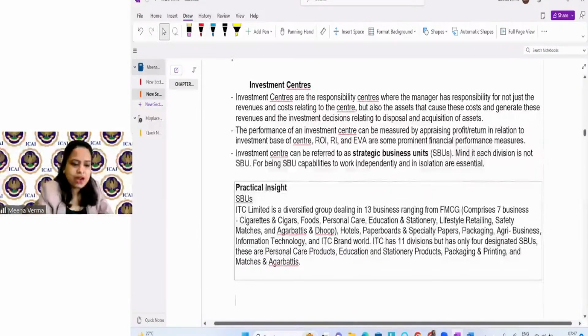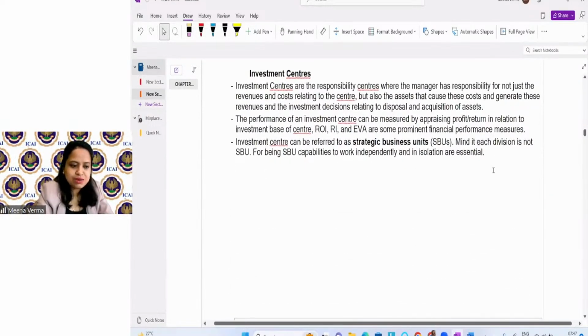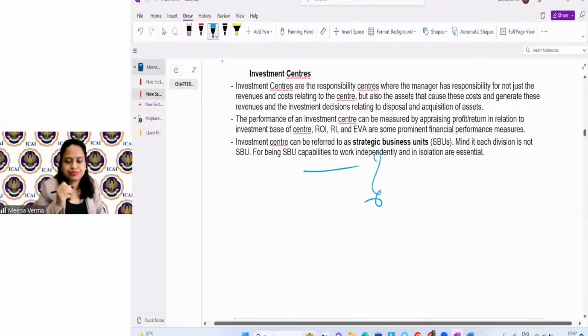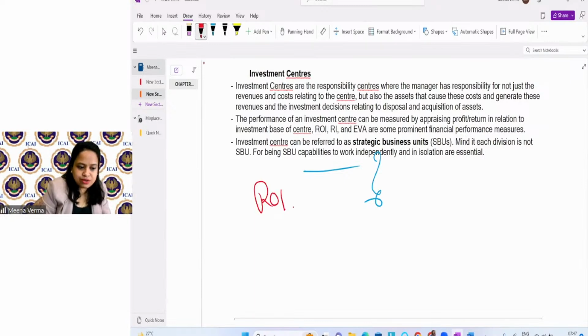Okay. Now, after this, we are talking about investment center. So the question comes here, ma'am, what is this investment center? So wherever the manager is responsible for the investment and return on investment. You must have heard about this word, return on investment, residual income.